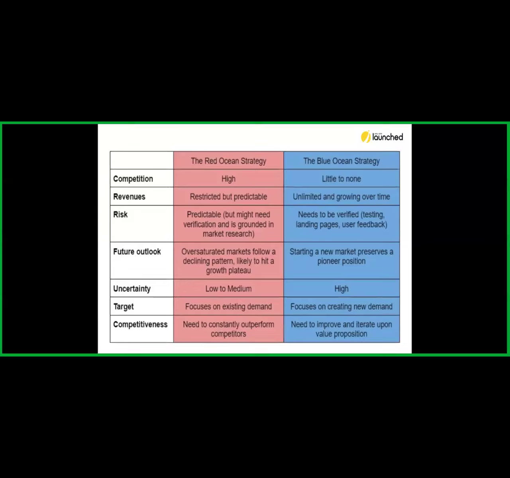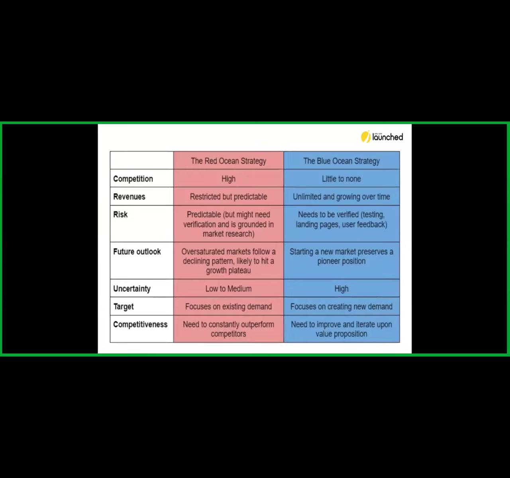Next one is target. Under red ocean strategy, the target focuses on existing demand, whereas under blue ocean strategy, the target focuses on creating new demand. That is the difference. In red ocean, with existing demand, the companies make sure that whatever their existing demand related to the market requirement is, they meet that demand.